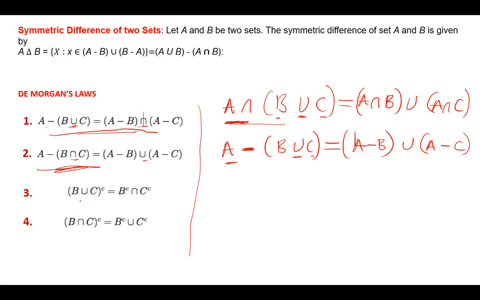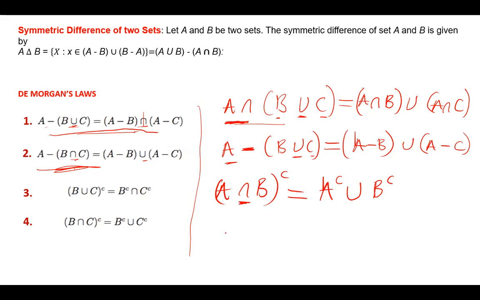Okay, so let's look at B union C complement. So if you have, let me use A and B. If you have A intersection B, and then in brackets, and then there's a complement outside, when you distribute the complement in the brackets, it means that the symbol in between will change. So when you distribute the complement, we put the complement on A, we also put the complement on B. It means that the symbol, if you have intersection there, will just become union.